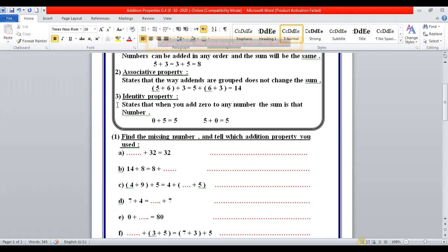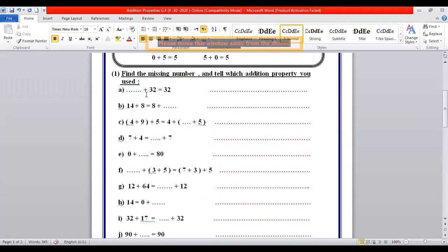In our sheet, find the missing number and then write the name of the property. A. What is the number plus 32 equals 32? 0.